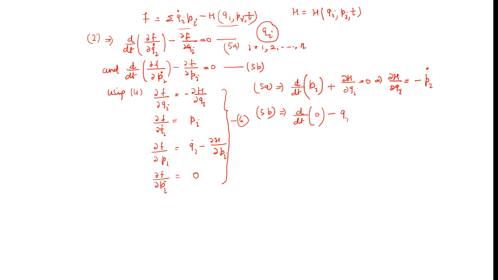It is qi dot plus ∂H/∂pi is 0. ∂H/∂pi is qi dot. So 7 and 8 are Hamilton's equations of motion.